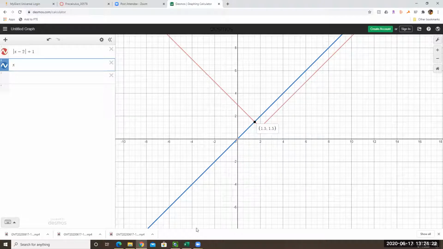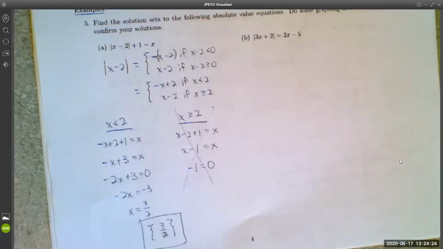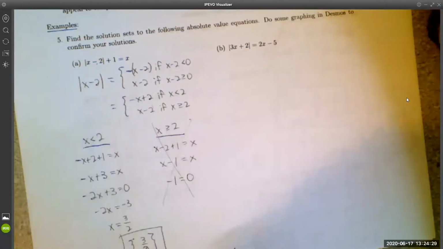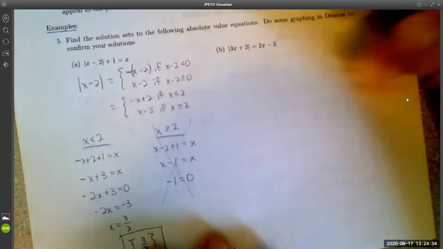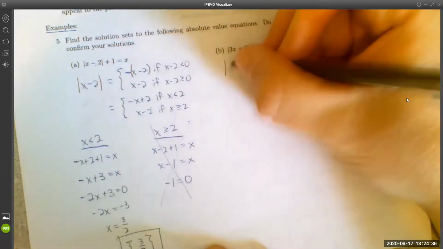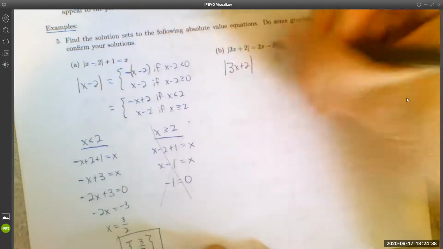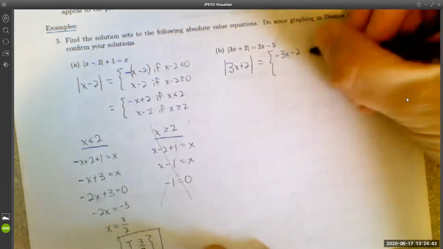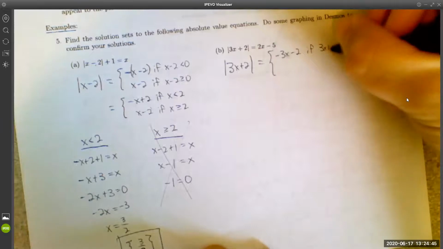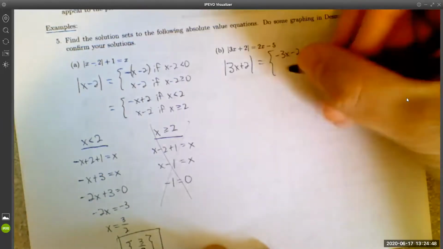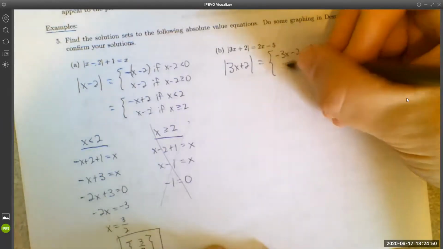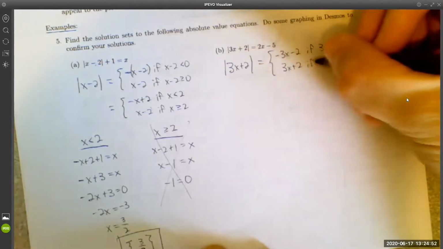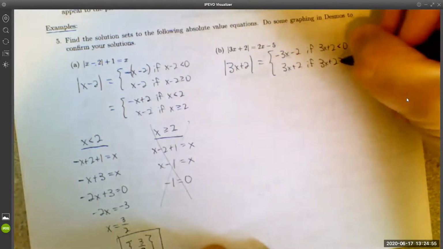Okay. Let's look at another one. Absolute value of 3x plus 2 equals 2x minus 5. So same deal. The absolute value of 3x plus 2 is equal to negative 3x minus 2 if 3x plus 2 is less than 0, or it's equal to 3x plus 2 if 3x plus 2 is greater than or equal to 0.